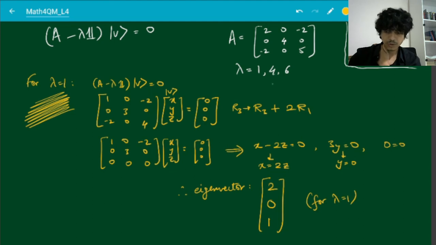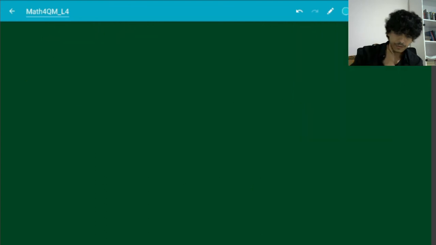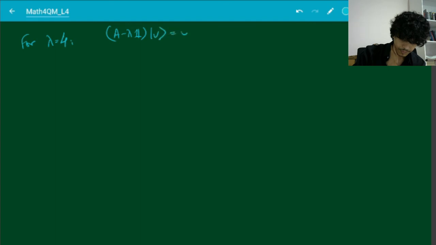We have two more eigenvalues to go through, 4 and 6. Let's do that as well. For lambda equal to 4, my A minus lambda I becomes 2 minus 4 is minus 2, 4 minus 4 is 0, 5 minus 4 is 1; 0, 0, 0; 0, minus 2, minus 2, operating on X, Y, Z equals 0, 0, 0.